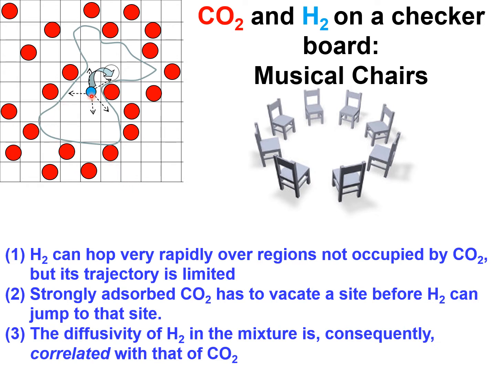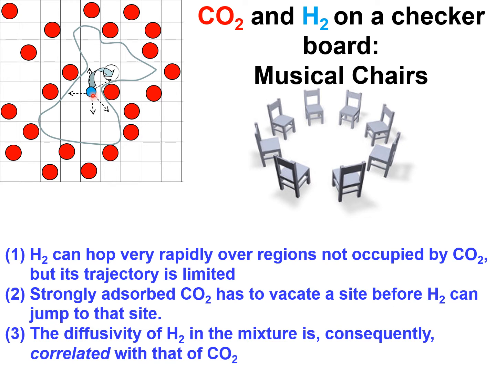A mobile hydrogen molecule here is able to traverse this area unhindered, but it cannot cross the contours drawn here, because in order to do that, the CO2 molecule has to vacate that adsorption site, and the vacation of adsorption sites by CO2 takes place very infrequently in comparison to the motion of hydrogen molecules.